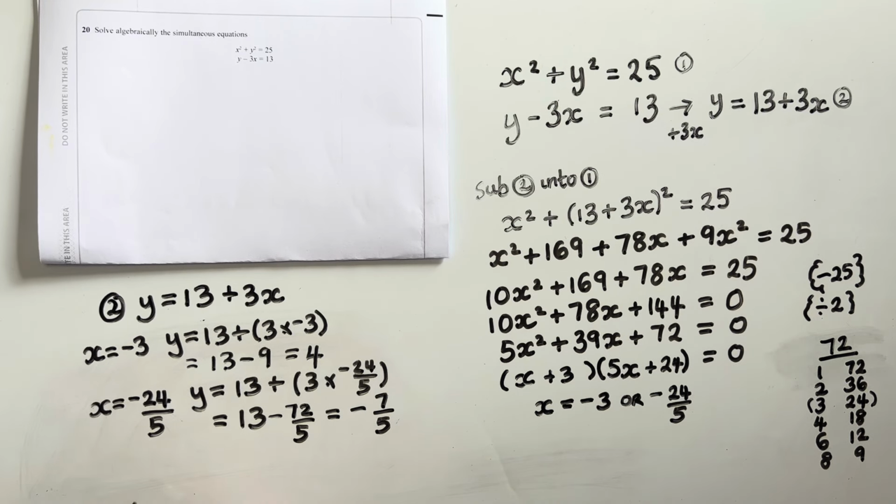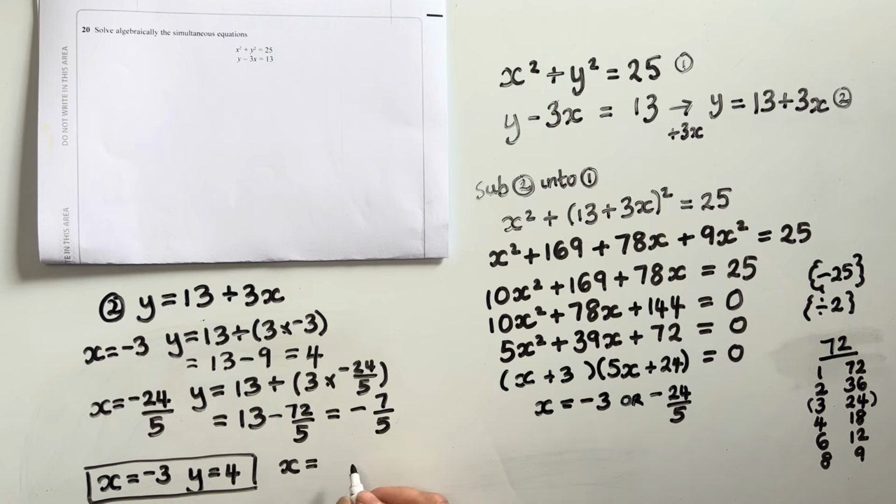And this will give you a solution of x is equal to -3 when y is equal to 4, and x is equal to -24 over 5 when y is equal to -7 over 5.